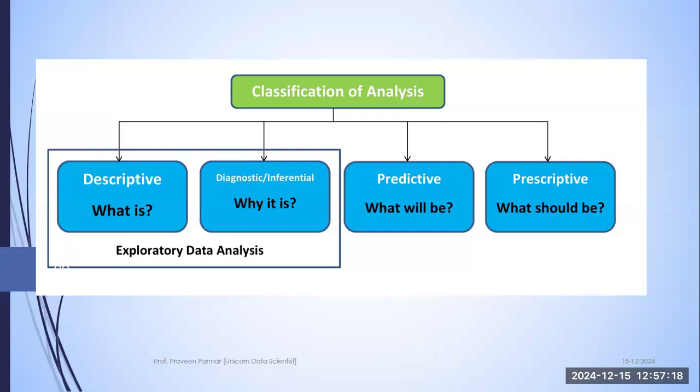In the diagnostic analysis, we find out why it is so. If there is a difference in the averages of male and female in any organization, first of all, we have to check whether this difference is significant or not. If this difference is significant, then we find out the reason why it is.